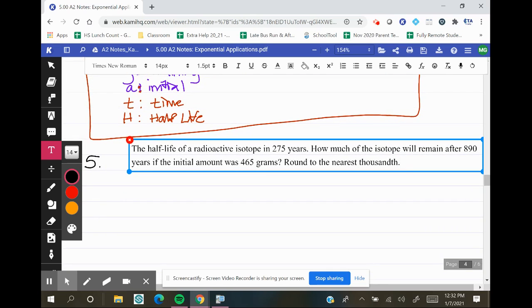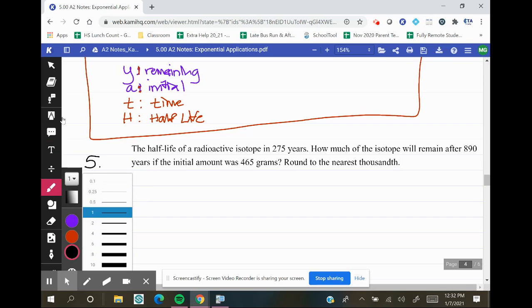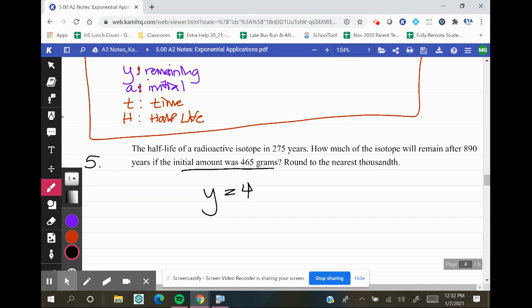Okay, so for this one, we see it's a half-life, so here's where you have to use your half-life formula. So y is how much we're going to have in the end, so that's what we're looking for, how much will remain, equals A, our initial amount, which was 465. It's always going to be a 1/2 in here. Think half-life formula, half is always in the problem. Raised to the t over h.